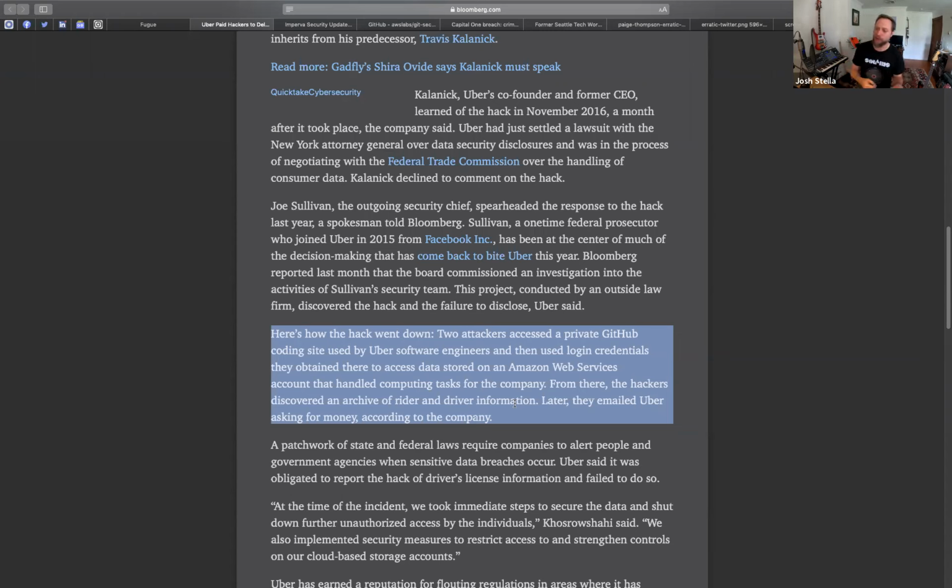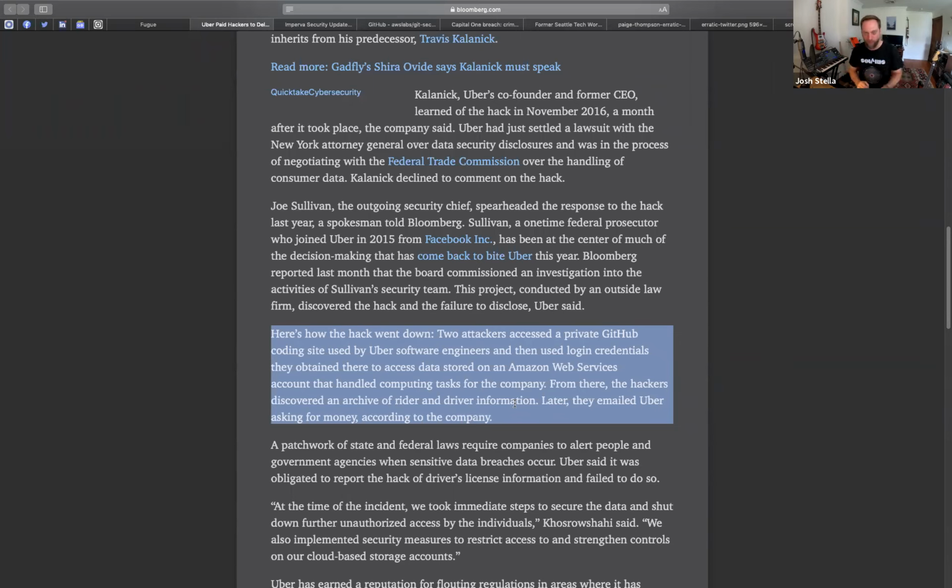So two attackers accessed a private GitHub coding site used by Uber software engineers and then used login credentials they obtained there, right, I'm pausing dramatically on purpose, to access data stored on an Amazon Web Services account.